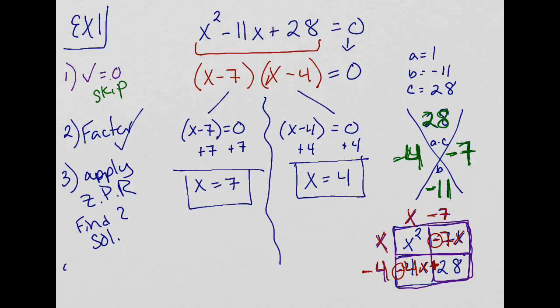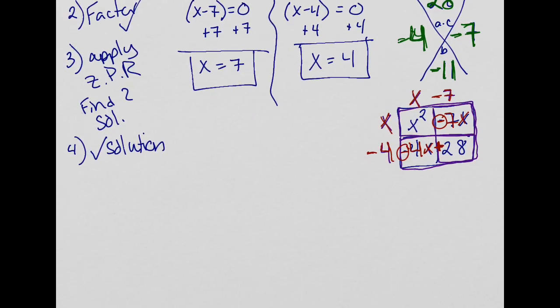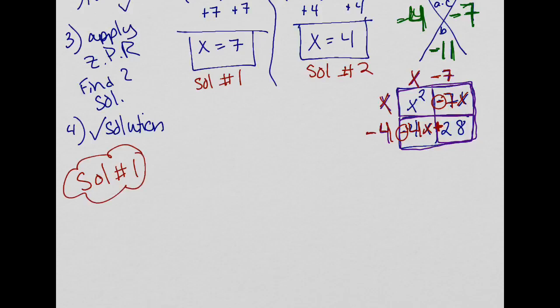So now I'm ready for step 4, which is just to check the solutions to make sure I did all of my work correct. Okay, so to do so, I'm going to scroll down here. I'm going to call this solution number 1, and I'm going to call this solution number 2, and I'm going to check solution number 1 first, which was x equals 7.